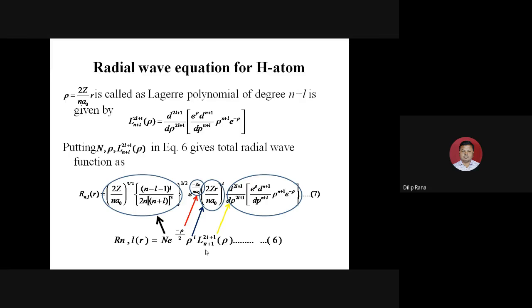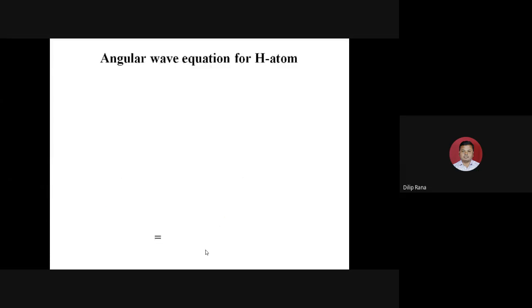So the equation that we see, that we solved, is the radial wave equation for the hydrogen. Now next one is the angular wave equation for the hydrogen. Now why is the hydrogen equation for the radial separated from the angular?